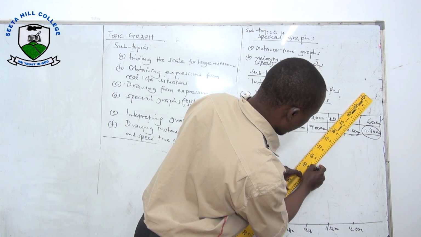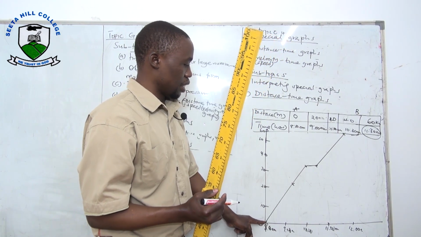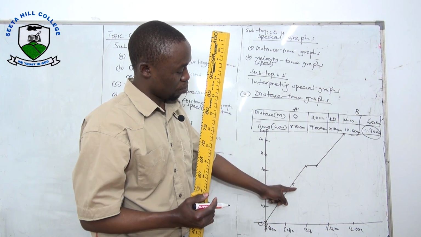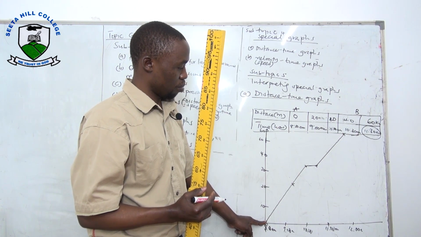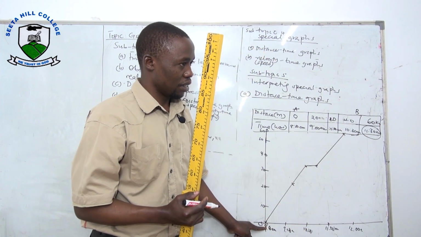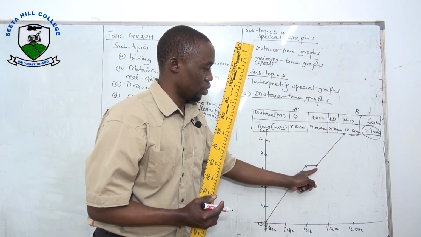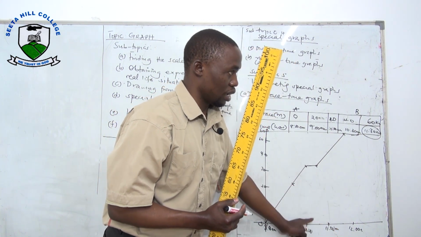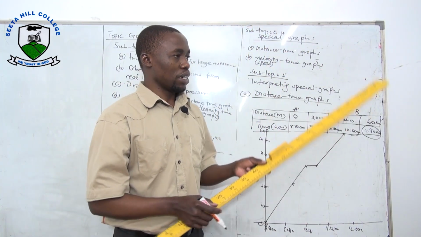If I ask you to describe it, if it's not drawn and you can't see it, you'll say the student walks for 2 hours, then rests for 30 minutes, then covers the remaining distance. In how many hours? For the 1 hour. From here to here is 1 hour. Okay, that's how you interpret.